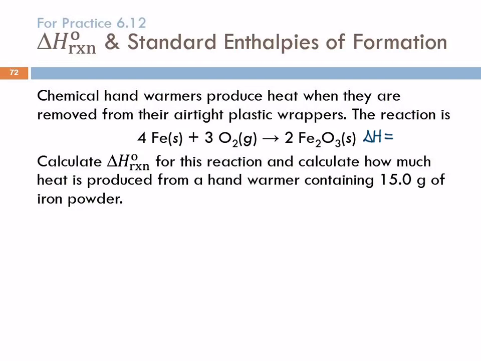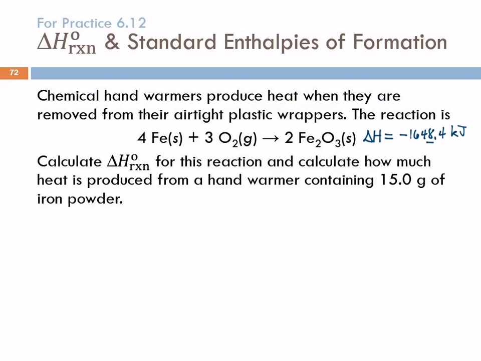So delta H for this reaction is minus 1648.4 kilojoules. I would base my significant figures on the heat of formation, which had 4, so I'm going to underline that 8. So that's delta H for this reaction as written. Everybody okay with how I did that?